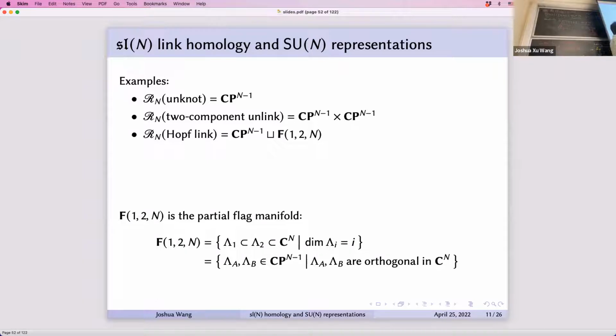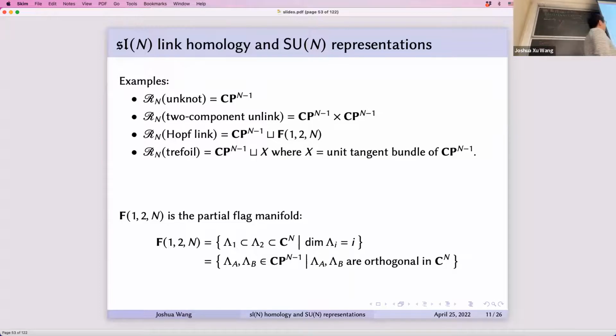My notation Fl(1,2; N) denotes the space of a line in a plane inside of C^N, which is equivalent to ordered tuples of lines that are orthogonal inside of C^N. So this is actually how you should maybe think about it. The two lines corresponding to the two arcs are either at the same spot or they have to be orthogonal. So there are two components.